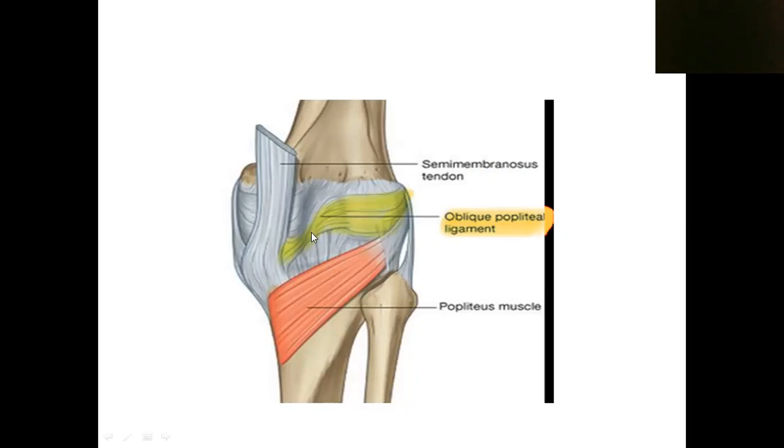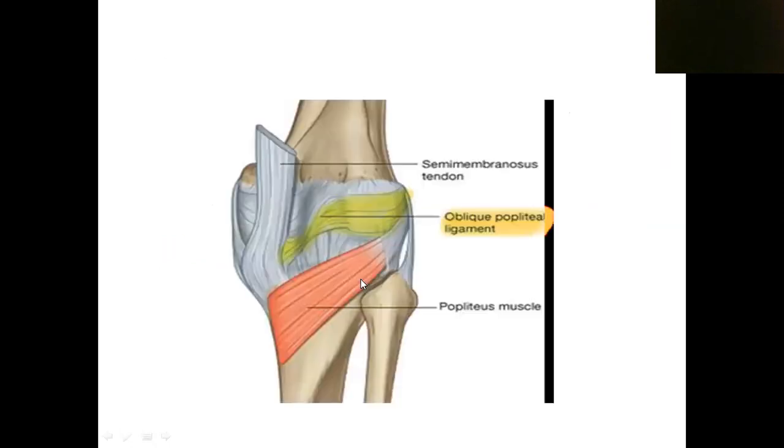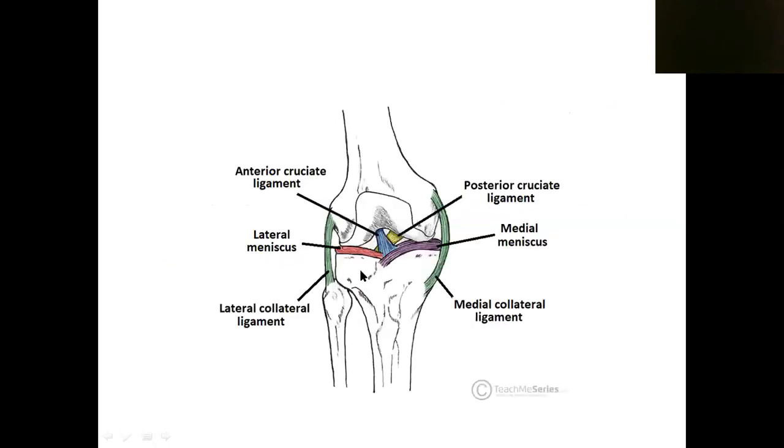Some fibers run upward and laterally, and most of the fibers insert between the intercondylar area, the intercondylar line, and some fibers reach the lateral condyle. So the attachment is clear. One end is attached to the tendon of the semimembranosus. The other end is attached to the intercondylar line and the lateral condyle of the femur. Clear?